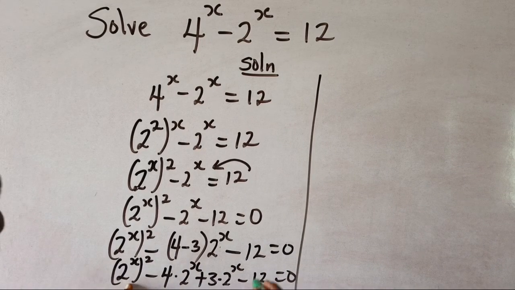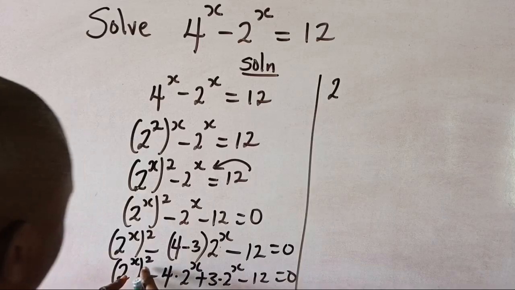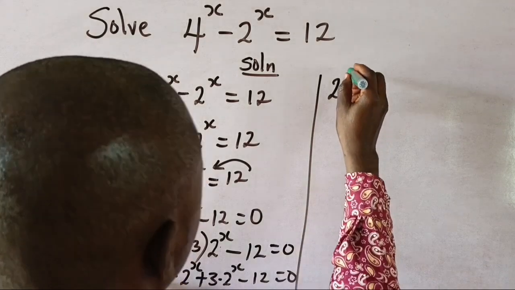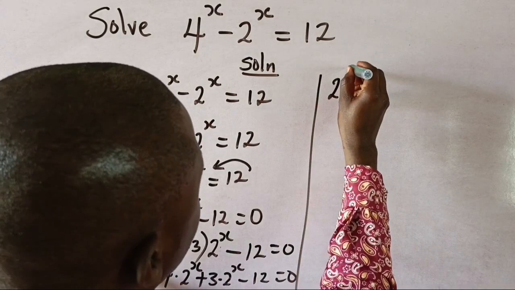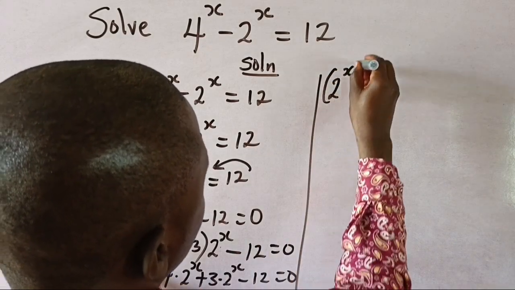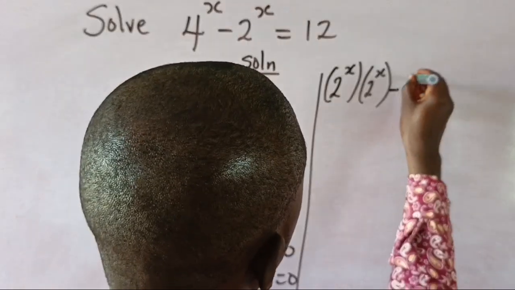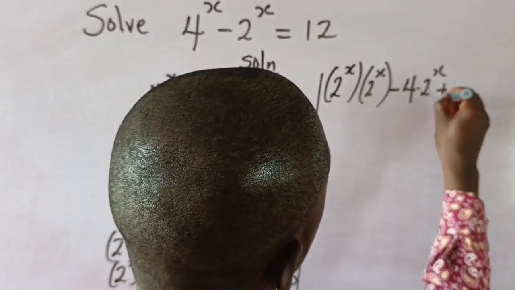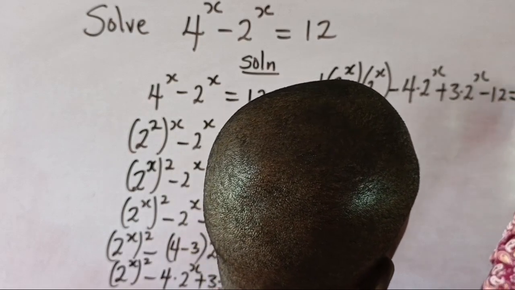So solving further, the expression on the left hand side can be written as (2^x)^2, that will be 2^x times 2^x, then minus 4 times 2^x, then plus 3 times 2^x, minus 12 equals 0.